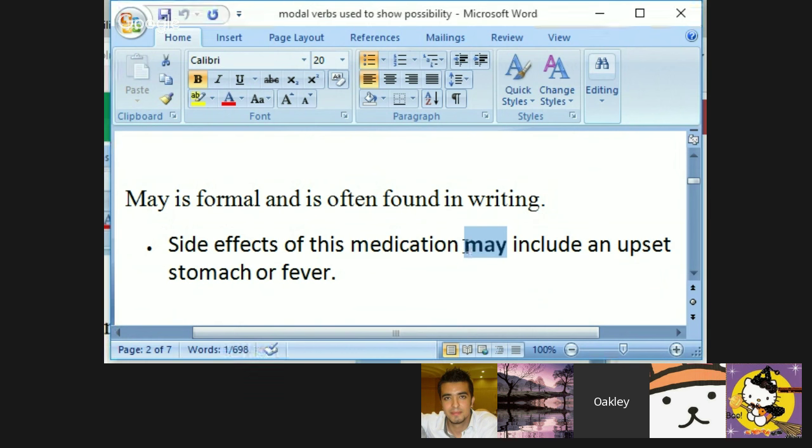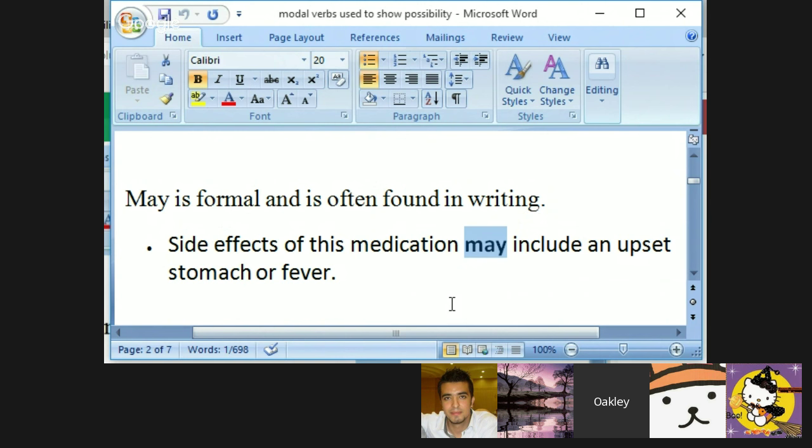Teacher, I have a question. Shoot. So when we say an employee may have a 5-minute break, it doesn't mean 50% yes or no. It means he has the possibility to have a 5-minute break. Okay, maybe that was a bad example since we're focusing on possibility. That's more the idea of using may for permission, actually.